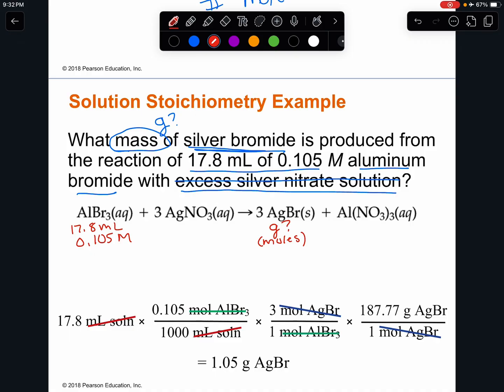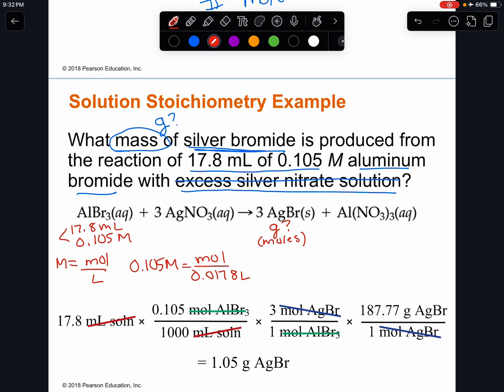So I'm going to go ahead and show you how I start this. I do have the work below, but there are many different ways to see this written. So first I'm going to go ahead and do a quick molarity equation because I'm provided with what I can change to liters and molarity. So I can go ahead and take 0.105 molarity. And I'm going to actually just quickly change that into liters. If you're at all confused, please go ahead and do the 1,000 milliliter conversion if you're stuck with that.